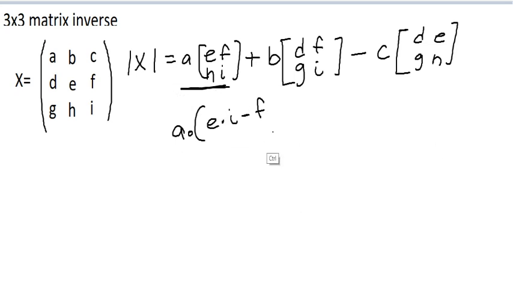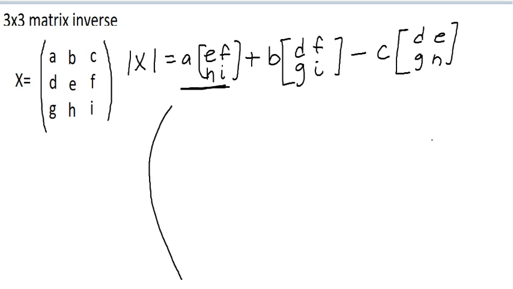Okay, now the main part. How do you get the inverse of X? It's kind of similar to getting the determinant, but instead of these three values, we need to do it for the rest. Let me just explain it. I call this a super matrix.